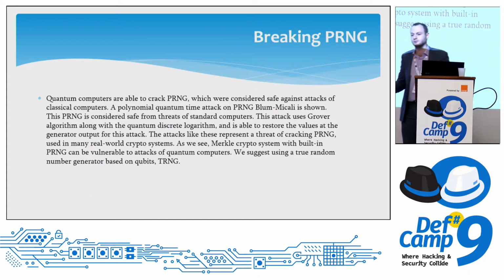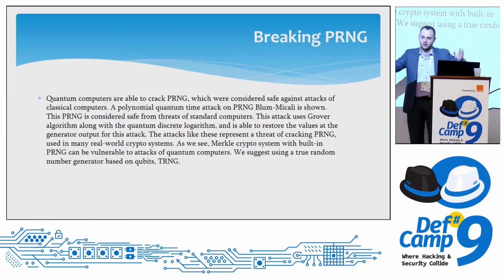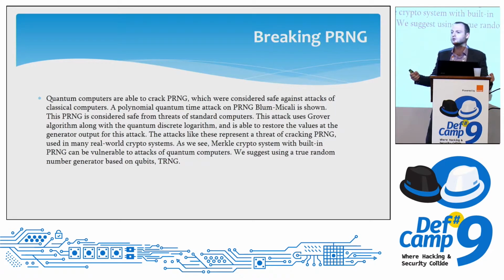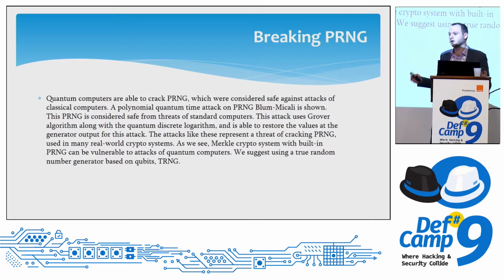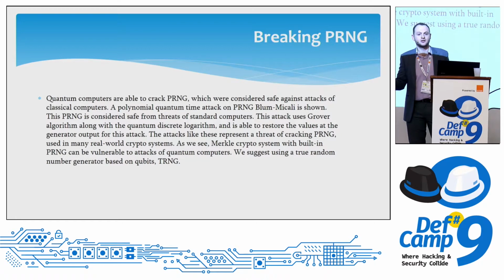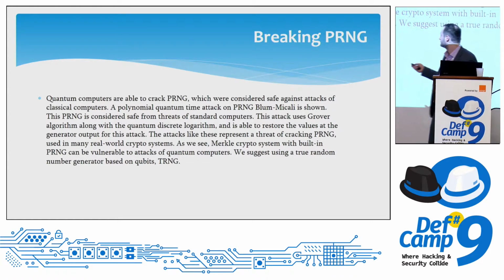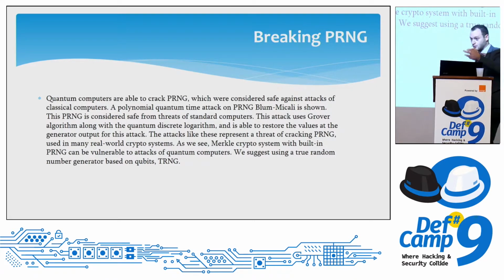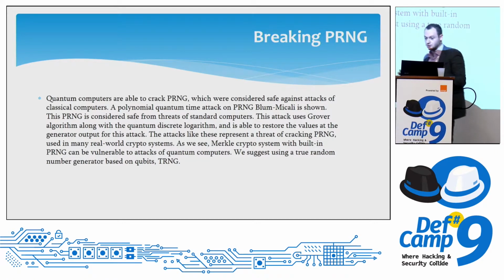Here is the problem. It's the official result published by Bernstein, but the problem is that a quantum computer can break a lot of pseudo-random number generators that are considered safe today. Here the attack was implemented on the Blum-Micali generator.